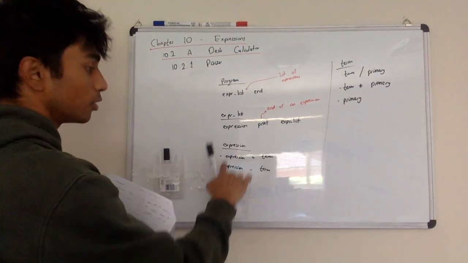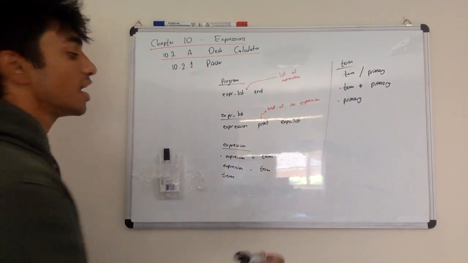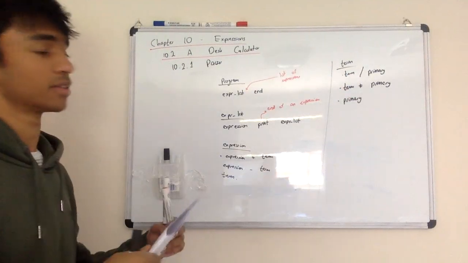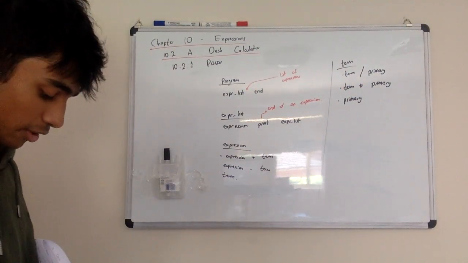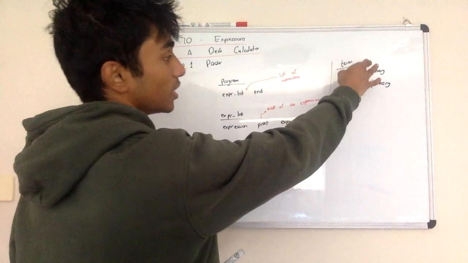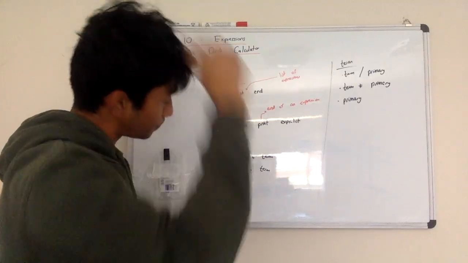So, very similar to the expression definition, except instead of plus and minus, we're using division and multiplication. Maybe there's some ideas as to why that's the case. You think of BODMAS or PEDMAS, as to why the division and the times are the lower level definition.